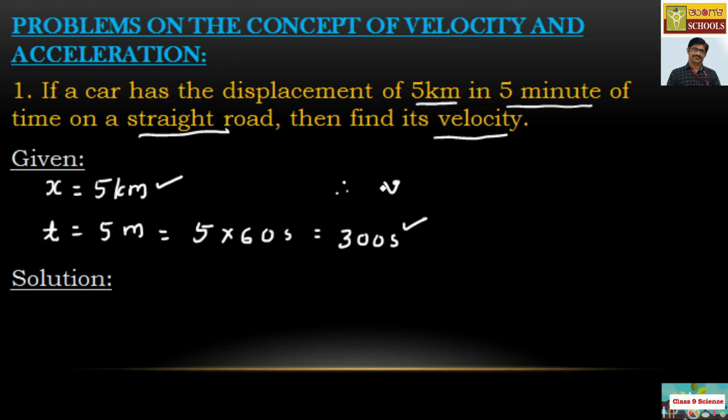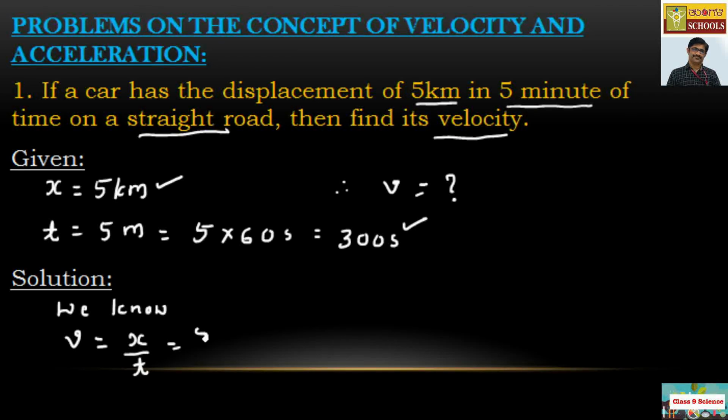So the displacement of the car on the straight road is 5 km and the time taken is 300 seconds, and hence velocity v is equal to how much? We know that the velocity of a body is equal to displacement by time, so it can be written as x by t.